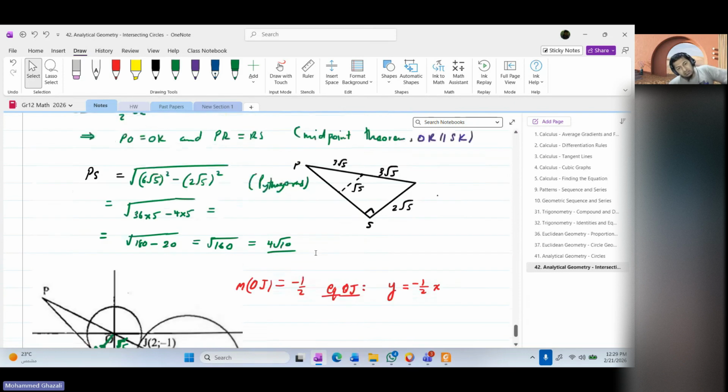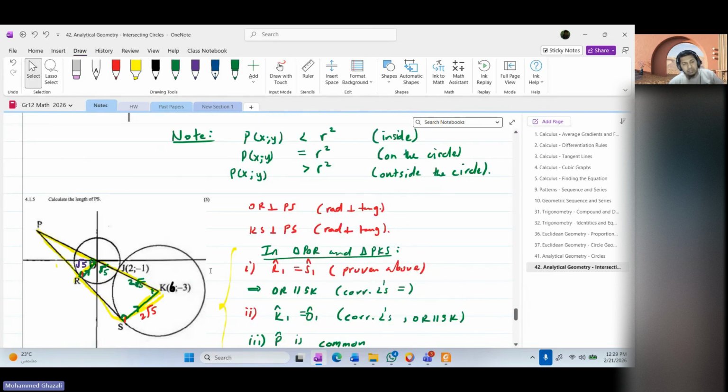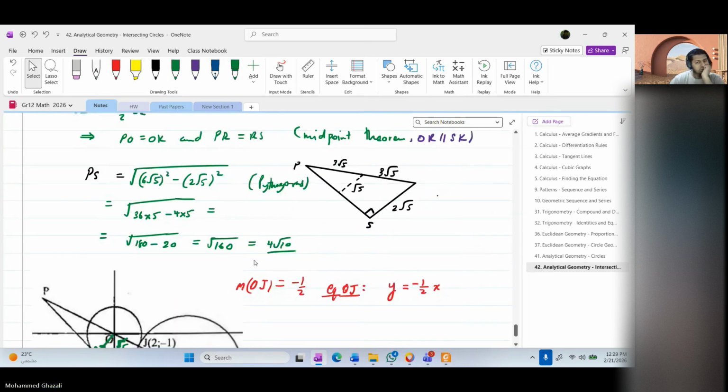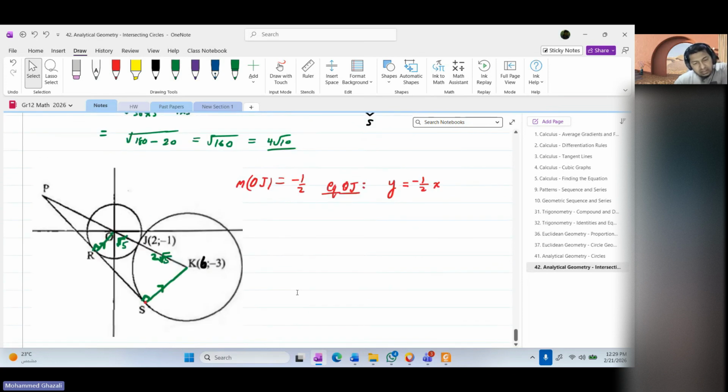One second, guys. Calculate the length of PS. I hope this answer is correct. Just looking at an alternative way of finding the length of PS. PS over PR is equal to PO over PK.